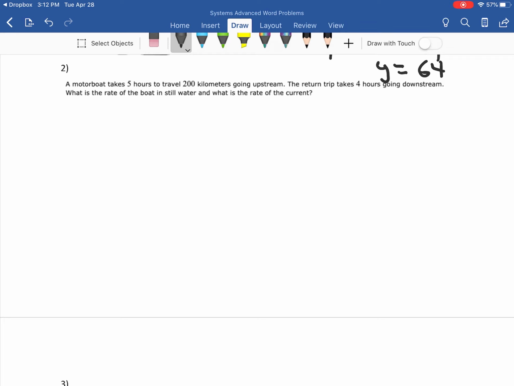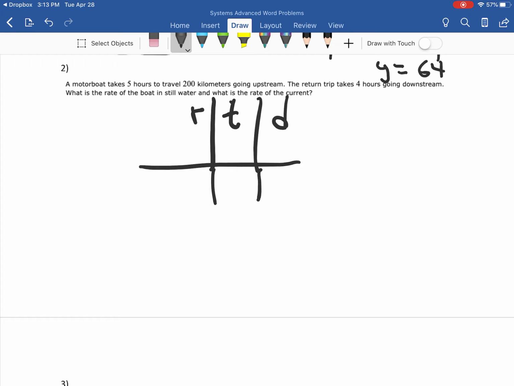All right. So again, we're going to make our RTD charts. Okay, let's see what's going on here. Motorboat takes 5 hours to travel 200 kilometers going upstream. The return trip takes 4 hours going downstream. What is the rate of the boat in still water, and what is the rate of the current?